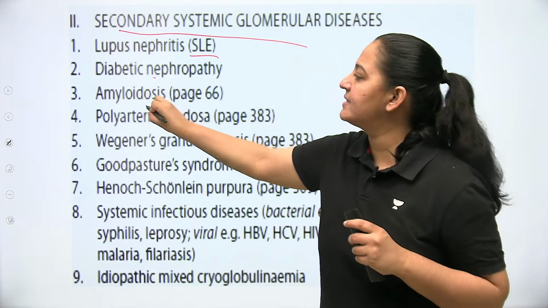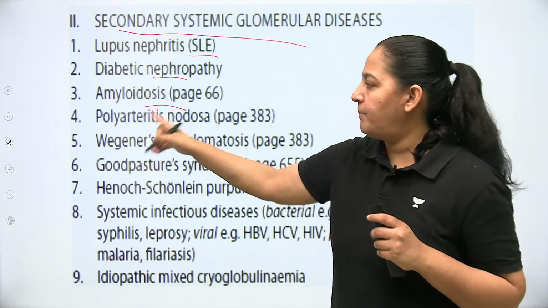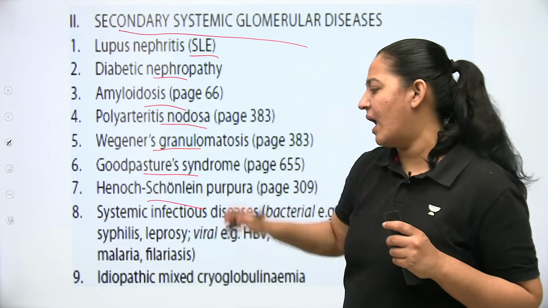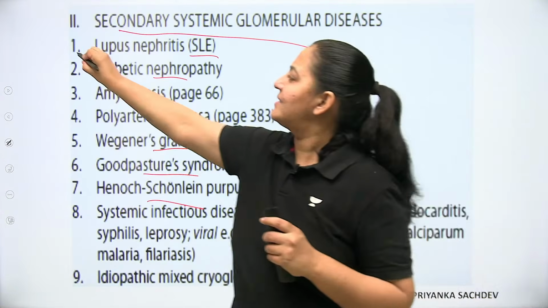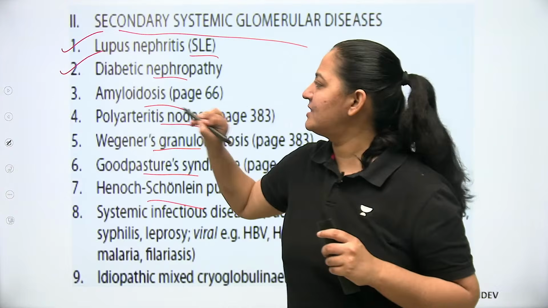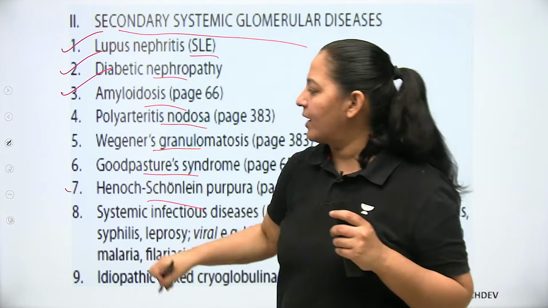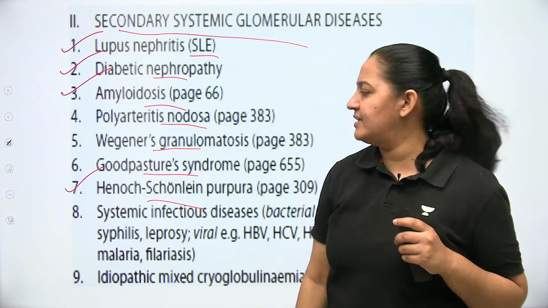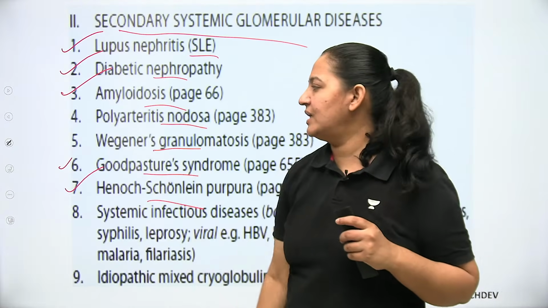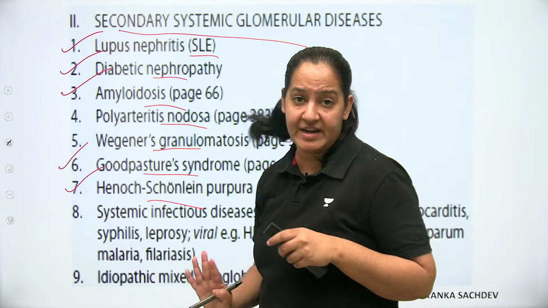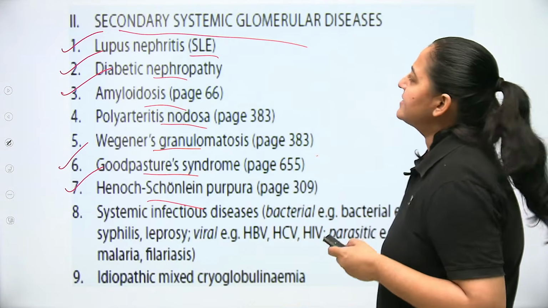SLE, diabetes, amyloidosis, PAN, polyarteritis nodosa, Wegener's granulomatosis, Goodpasture, HS purpura. They are many, but I will teach you SLE, I will teach you diabetes, maybe I will teach you amyloid kidney, maybe I will teach you HS purpura. So these 3-4 I am going to teach you in detail. I will teach you Goodpasture also. So these I will teach you in detail, not all, because the others are not really very important at your level. So that is secondary one.